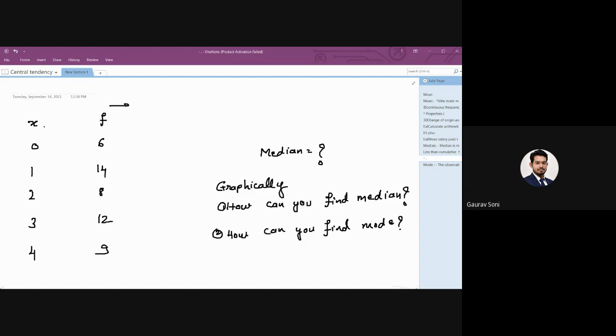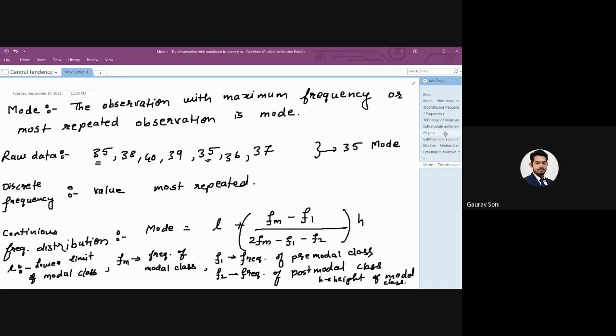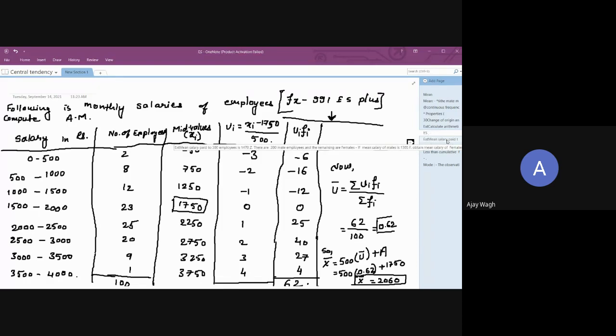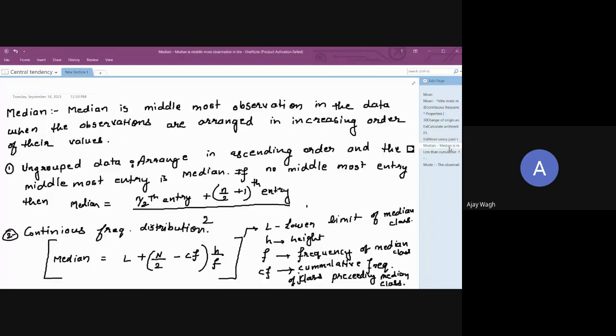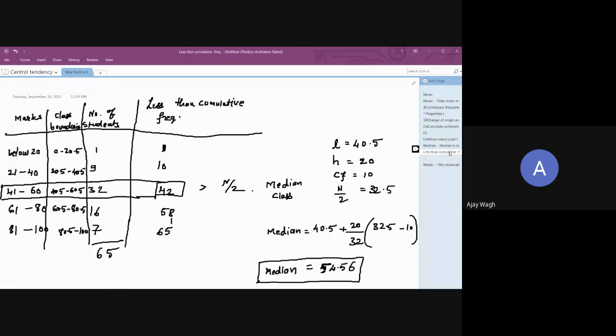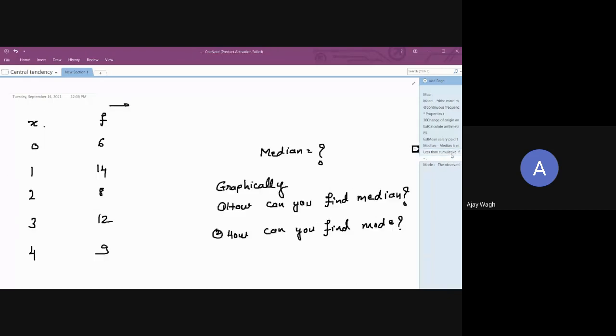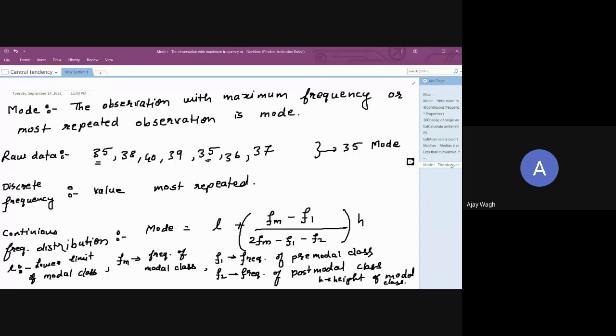Is there any difficulty up to this? Please ask. Sir, can you show that mean class slide example? The mean salary one.